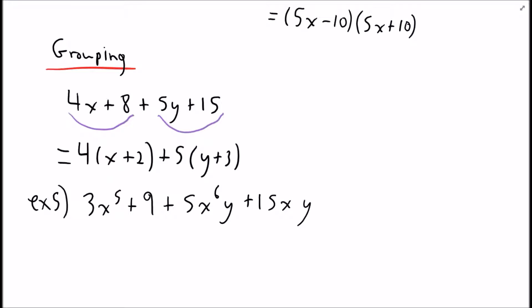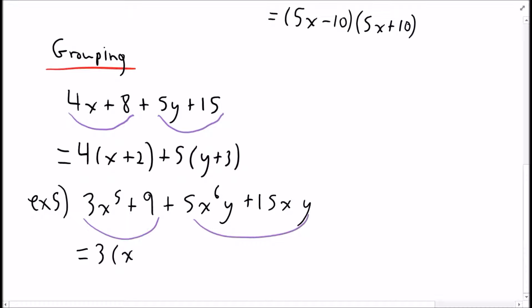So I look at it, and there's nothing common to all of the terms, but if once again we group it, the first two together and the second two together, I've got a 3 common here, giving me x to the 5 plus 3.